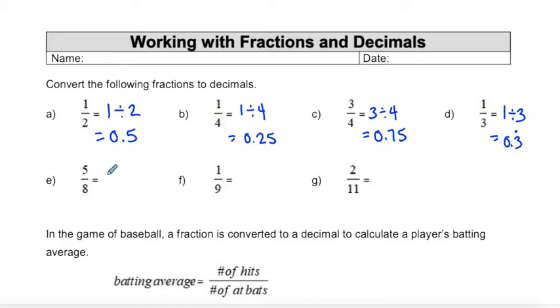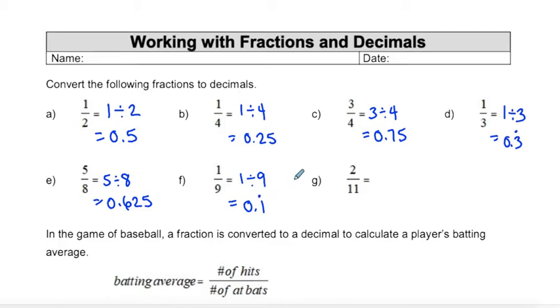5 over 8 is the same as 5 divided by 8. And 5 divided by 8 is 0.625. 1 over 9 is the same as 1 divided by 9. And 1 divided by 9 is 0.1 repeating.